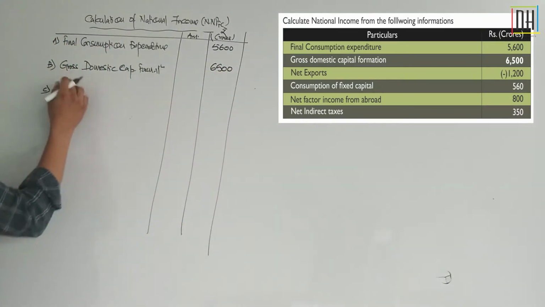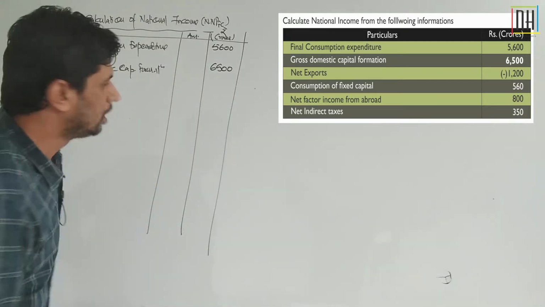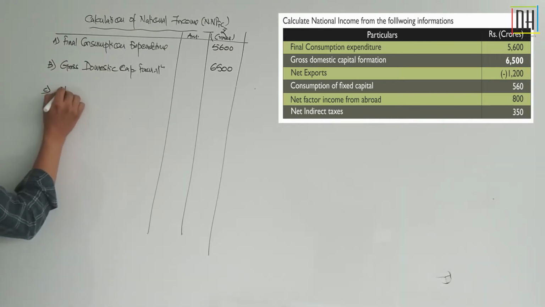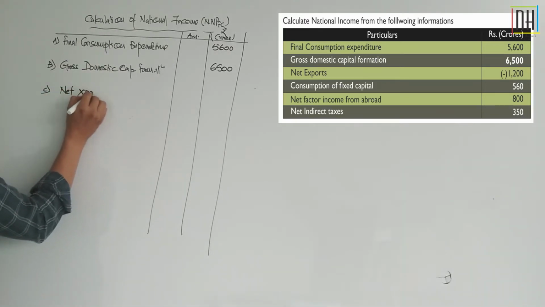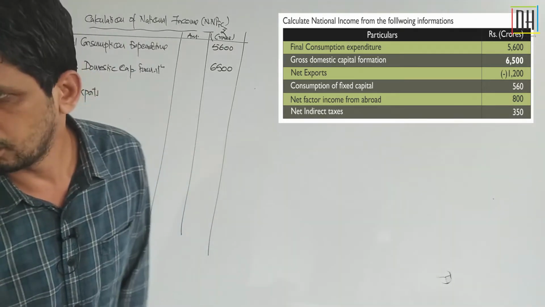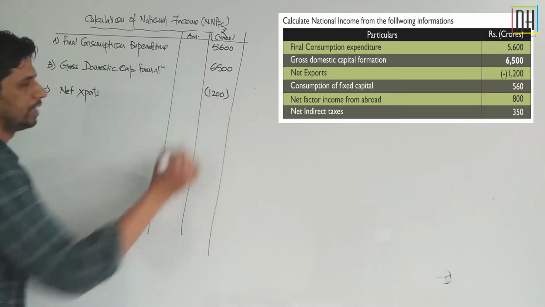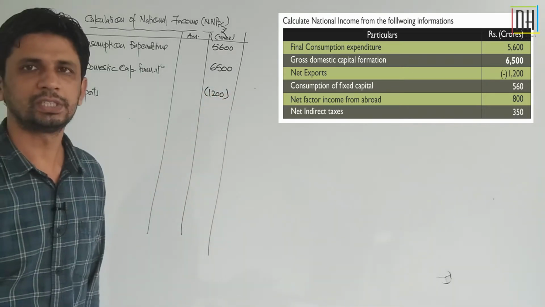There is no requirement to mention its sub-constituents, as they are not given in the question. C is the net exports. Net exports means export minus import is already given, that is rupees 1,200 crores negative. Negative means import is greater than export.